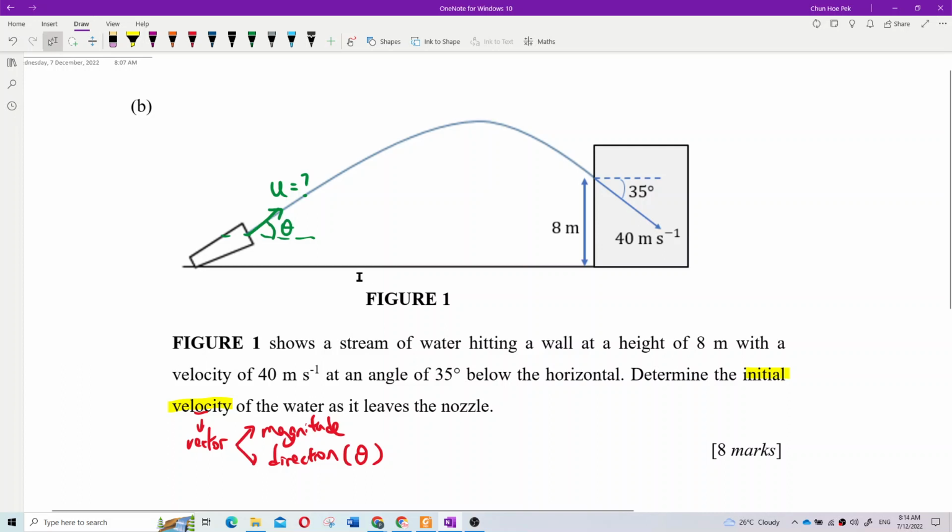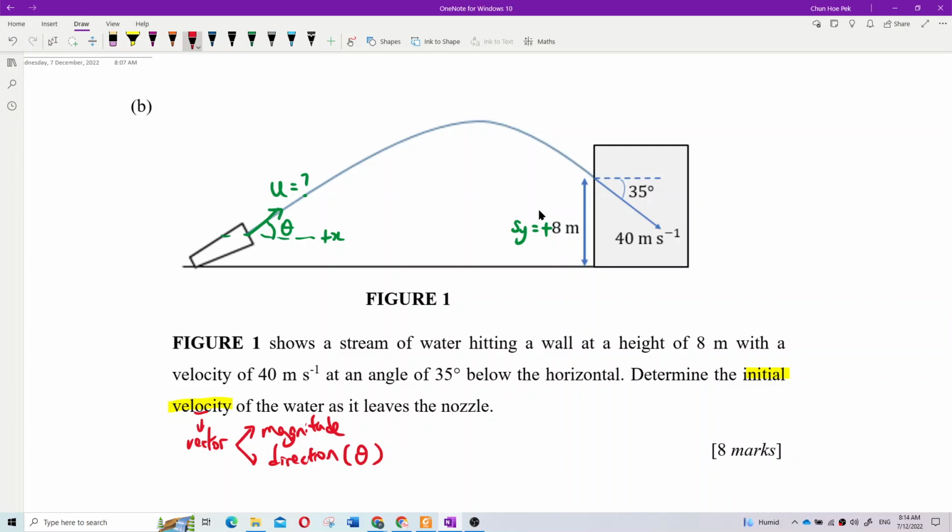So this one should be above the positive x-axis. Okay, so how do we continue? We have this final velocity v, and the angle. We have sy, which is positive 8 meters.